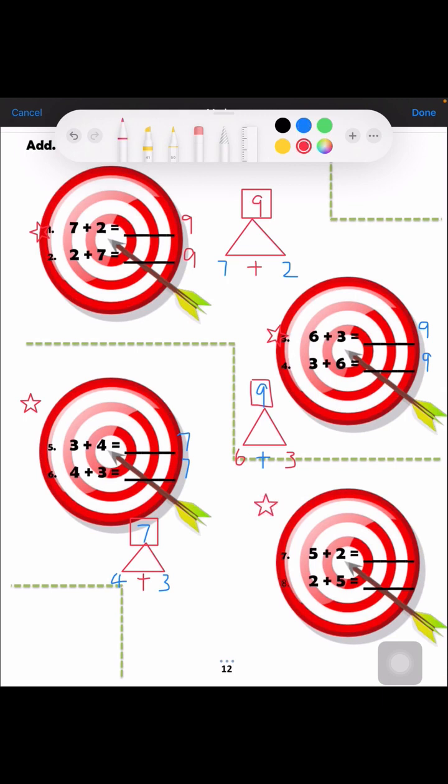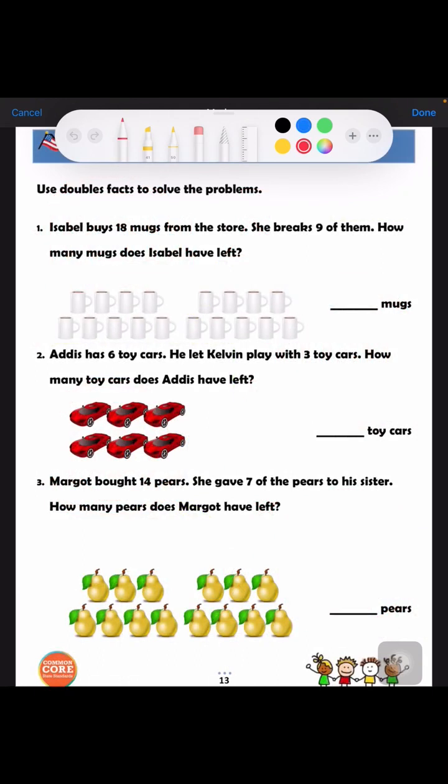Last question, it is 5 plus 2 and 2 plus 5. Again, we draw the fact family. We know that 5 plus 2 equals 2 plus 5. And 5 plus 2 equals 7. So 2 plus 5 equals 7. And then we move on to page 13.